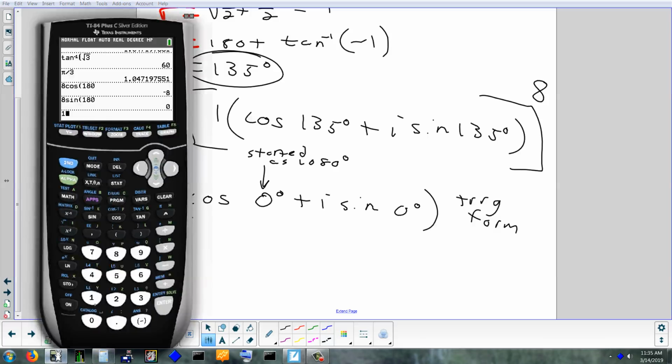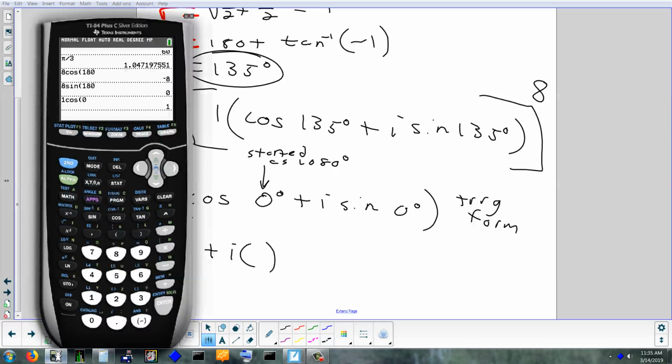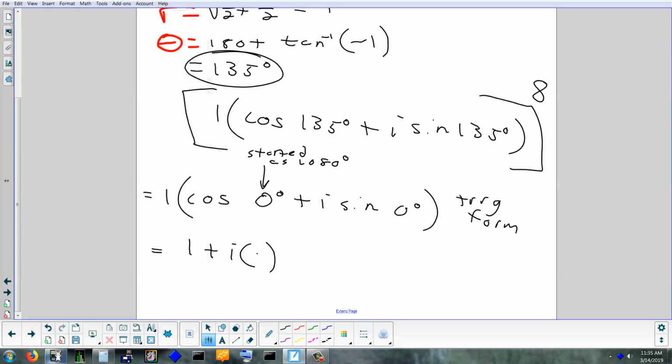Again, the 1's not going to change anything, but you get 1 plus i times, and now distribute 1 times sine of 0. 1 sine 0 is 0. What's i times 0? 0. So really, the answer here is just 1. That's standard form.